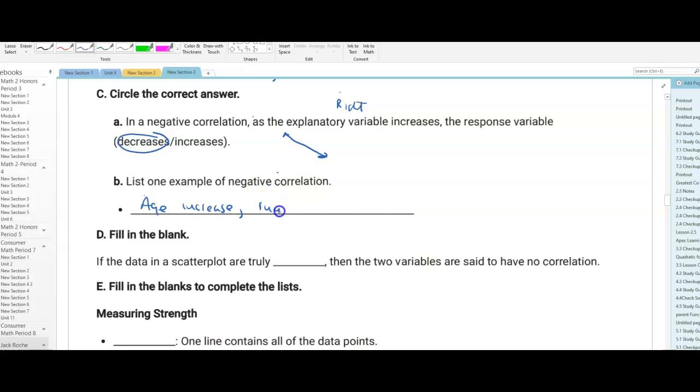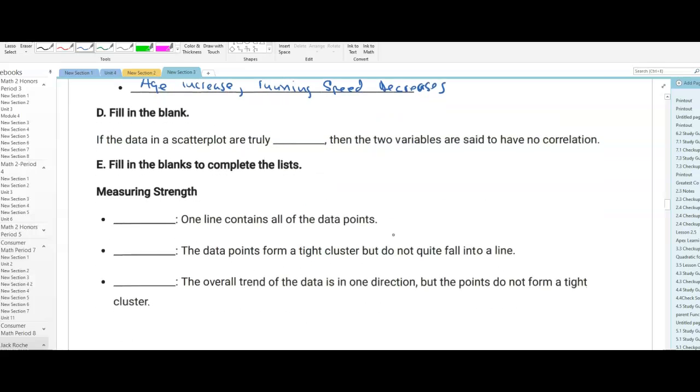Your running speed then what? Decreases, unless you're me. I would school you in a race. All right, so now, if the data in a scatter plot are truly scattered, meaning they have no relationship, then they are said to have no correlation. Okay?